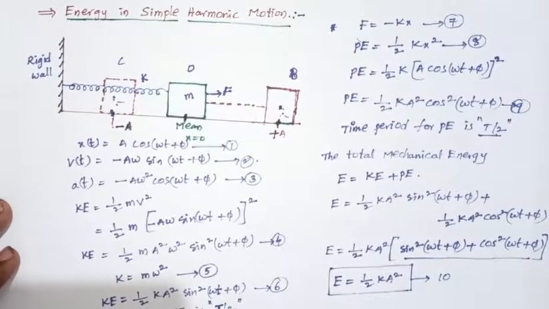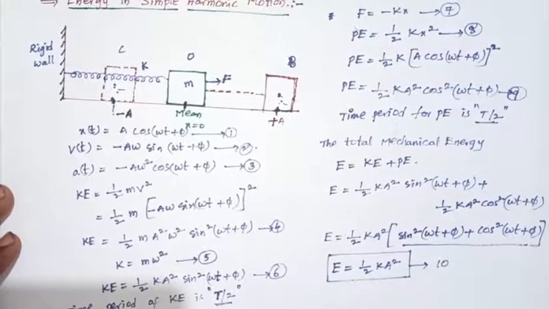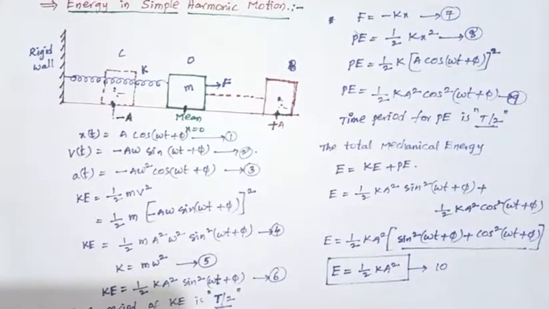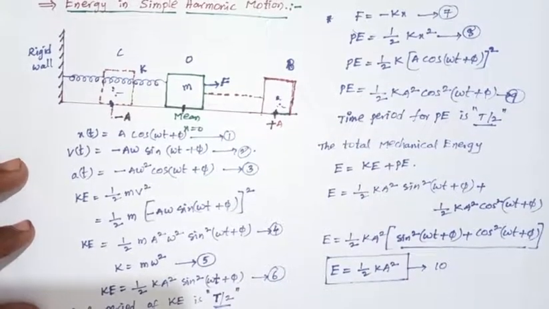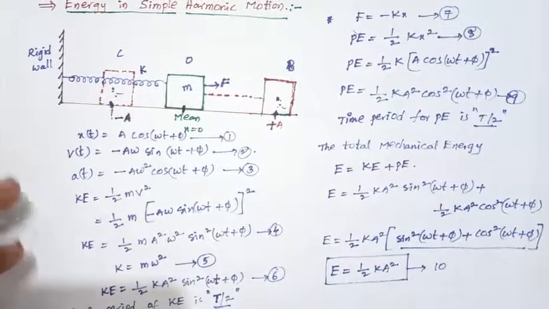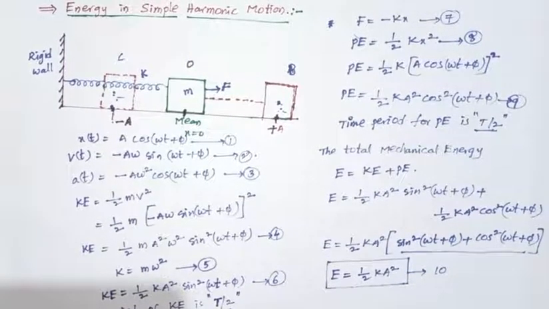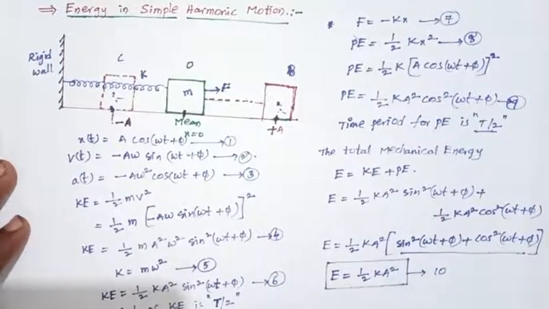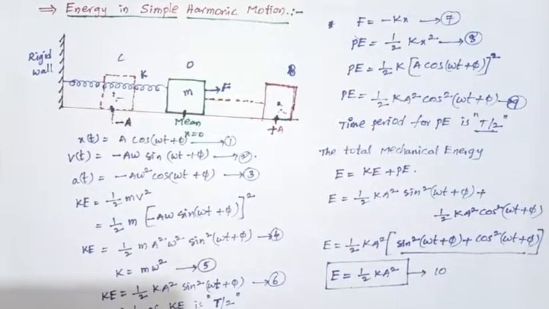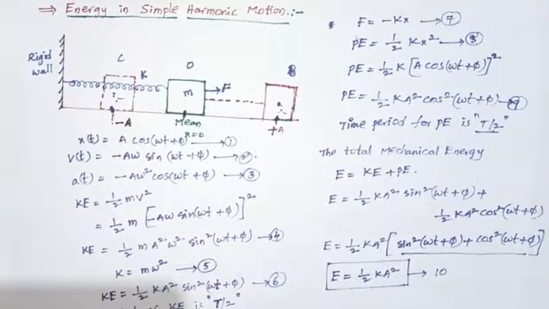So this total energy does not depend upon time, so it is independent of time. So the total mechanical energy of a simple harmonic oscillator is thus independent of time, as expected for motion under any conservative force.